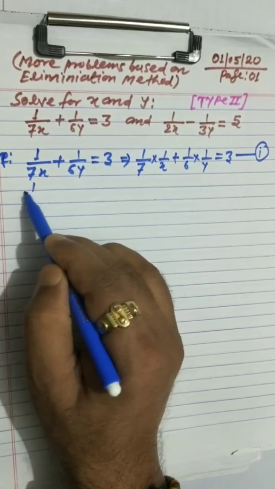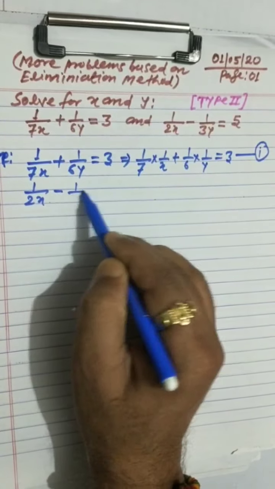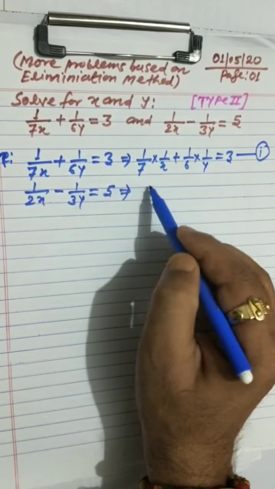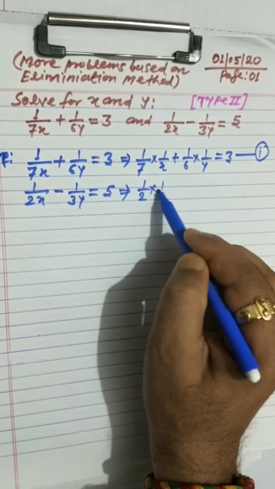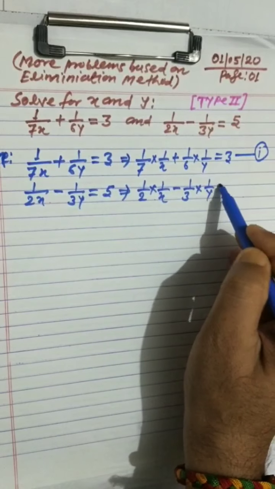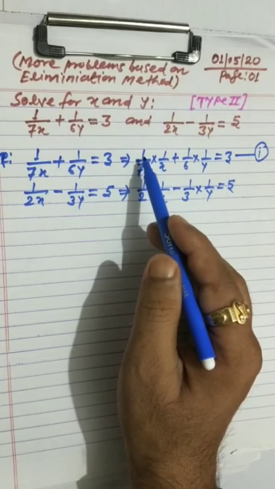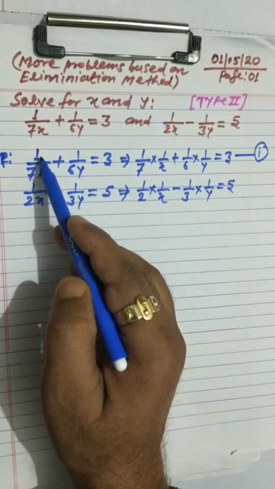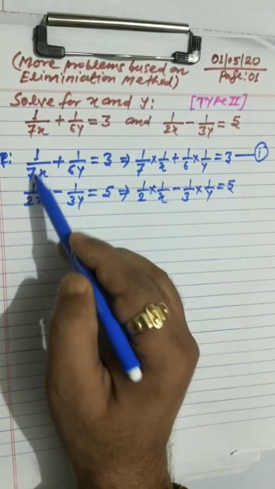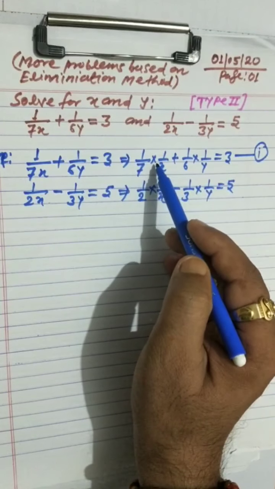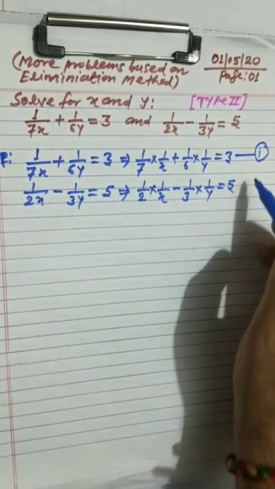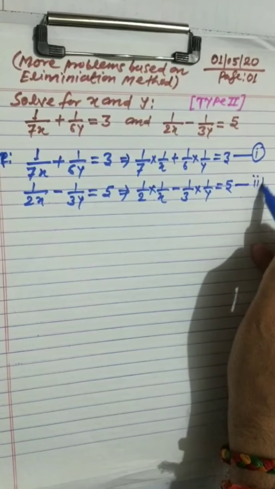And the second equation is 1 by 2x minus 1 by 3y is equal to 5. So this can be written as 1 by 2 multiplied by 1 by x minus 1 by 3 multiplied by 1 by y is equal to 5. When we multiply 1 by 1, then we get 1, and 7 multiplied by x will be 7x. So this 1 by 7x can be written as 1 by 7 multiplied by 1 by x. Now this is your equation second.